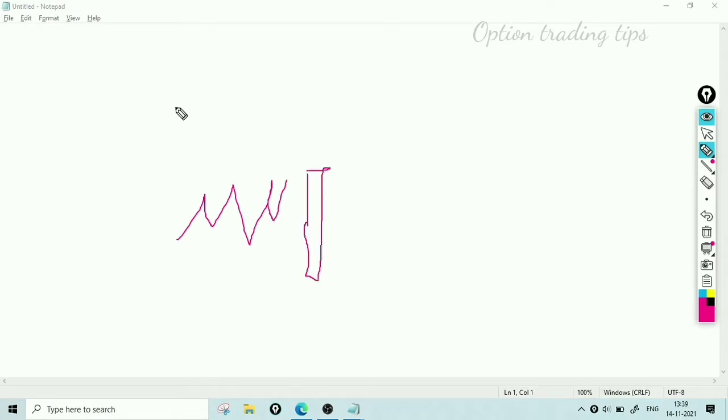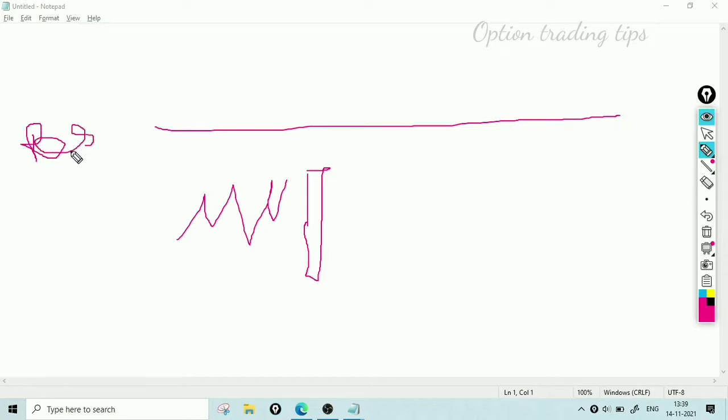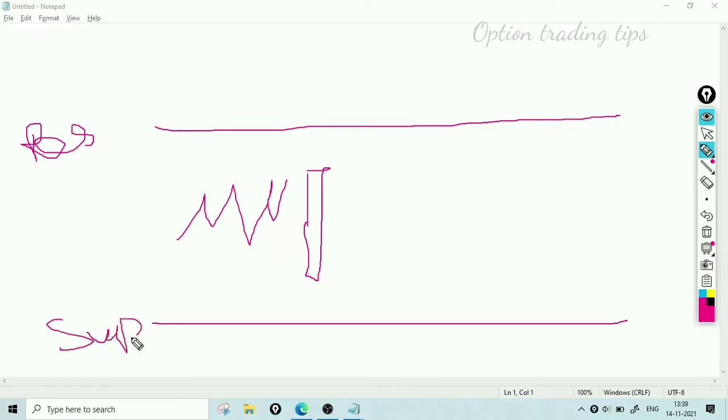The horizontal line above this candle is called resistance. The horizontal line below the candle is called support.